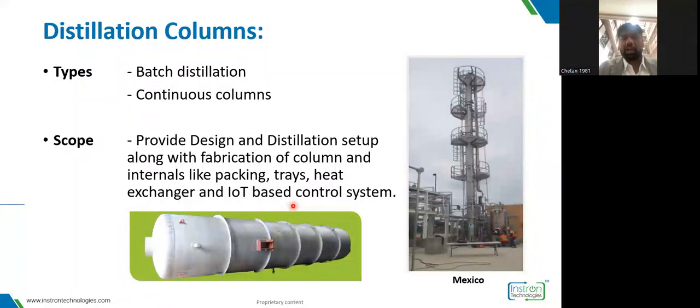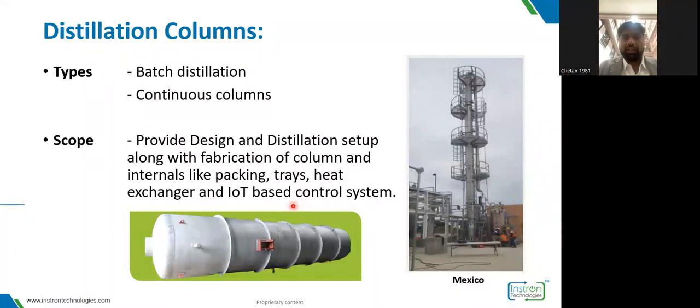Likely this Rahul and all the Instron team just explained the details about the distillation systems and how we can enhance the productivity of our plants. So basically, with this type of technology, we are at Industry 4.0, and we can definitely save capex and opex.